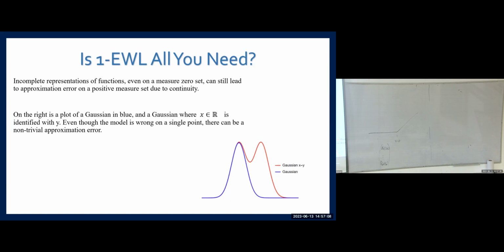So here we see 2 Gaussian distributions. And the blue one is the characterizing function, the one our model is to approximate. And the red one is what our model will output if we identify these 2 inputs as identical. So it means that the model does not distinguish non-isomorphic inputs and can lead to a non-negligible effect on our approximation capabilities.